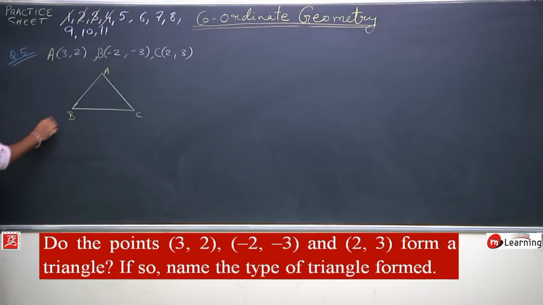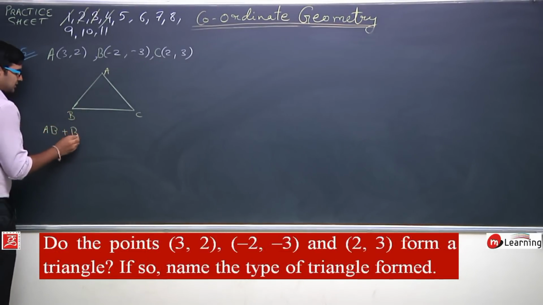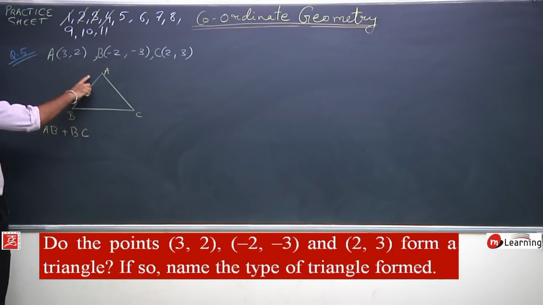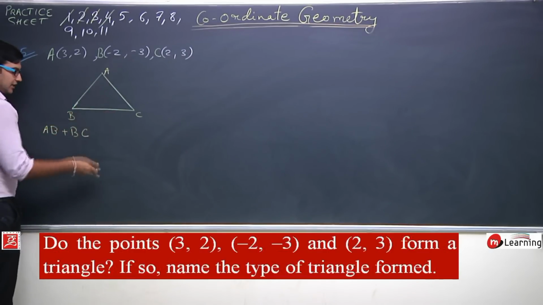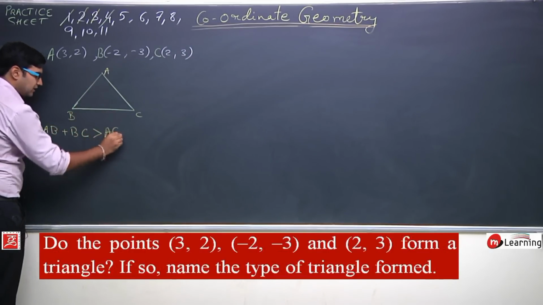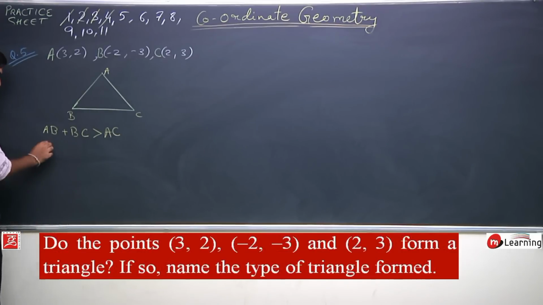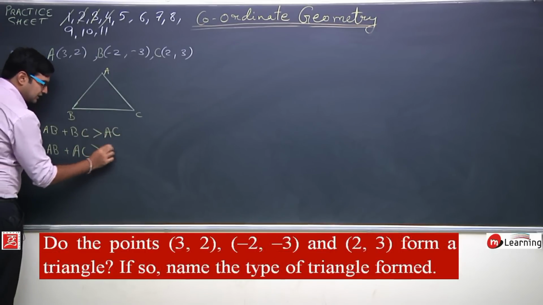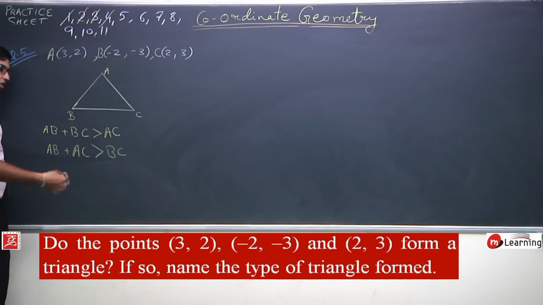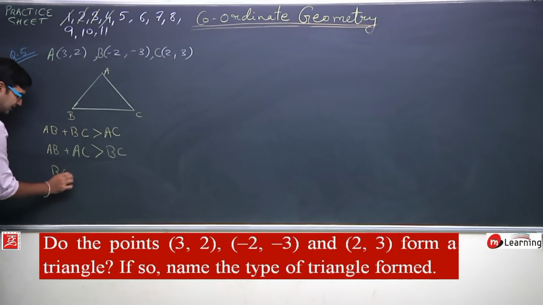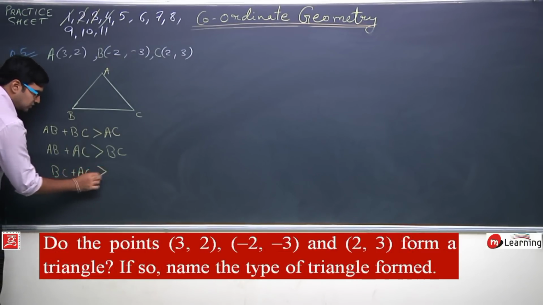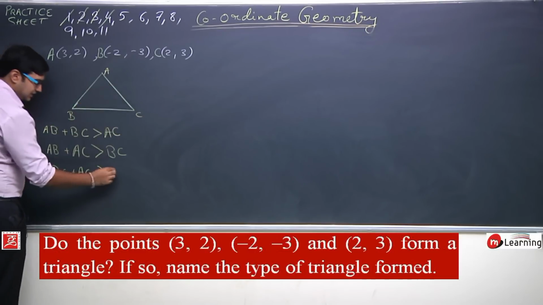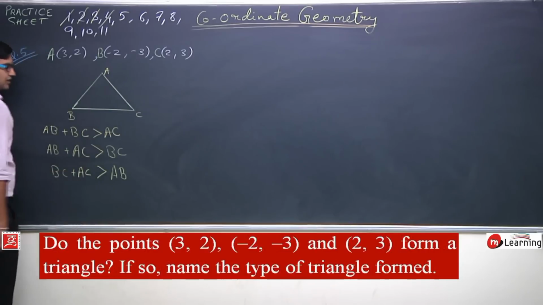The condition is that the sum of any two sides, for example AB and BC, if I add the length of AB and BC, it should be greater than AC. Or if I add AB and AC, it should be greater than BC. Or if I add BC and AC, it should be greater than AB.